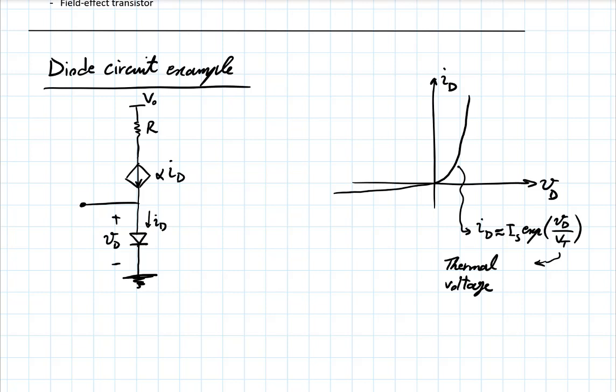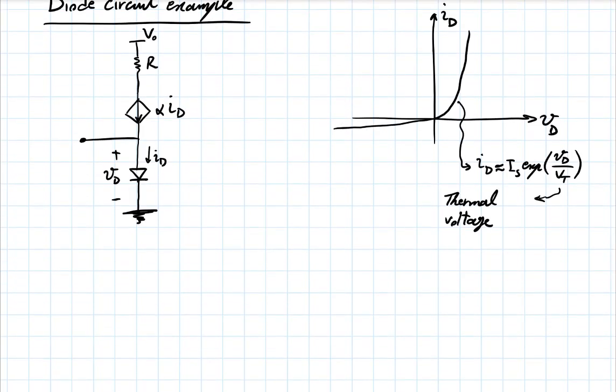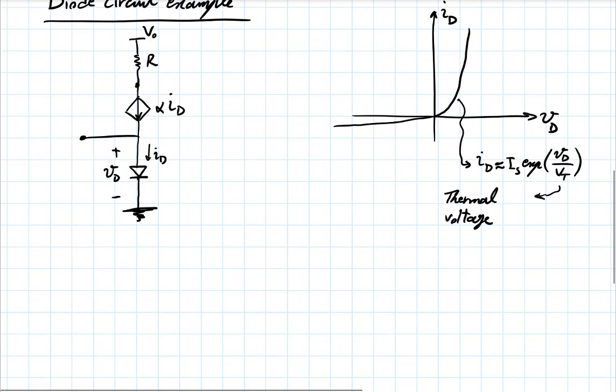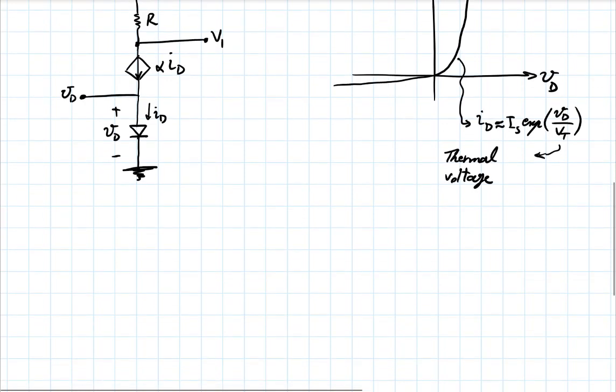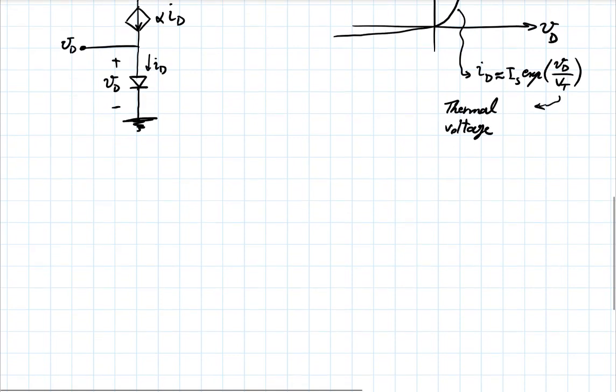What I'd like you to do is take a few minutes and try to understand this circuit that I've drawn, analyze it, and let's call this node voltage here V1. So consider this. This is VD, and that's V1. Here's the exercise I want you to do.